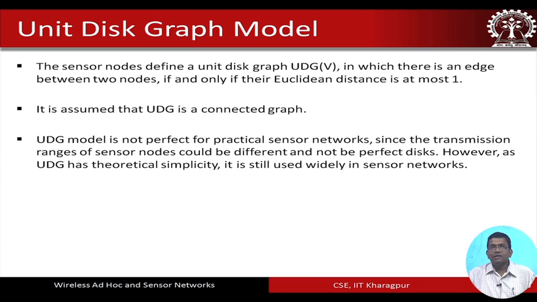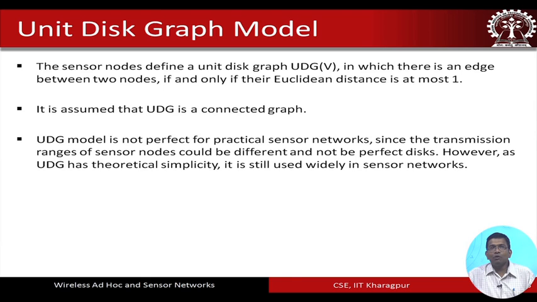So, as per this unit disk graph model, the sensor nodes define a unit disk graph UDG, in which there is an edge between two nodes if and only if their Euclidean distance is at most 1. I do not need to elaborate this, because it is fairly simple and clear. Most of the theoretical literature on sensor networks, and more specifically routing, assumes that the UDG is a connected graph.